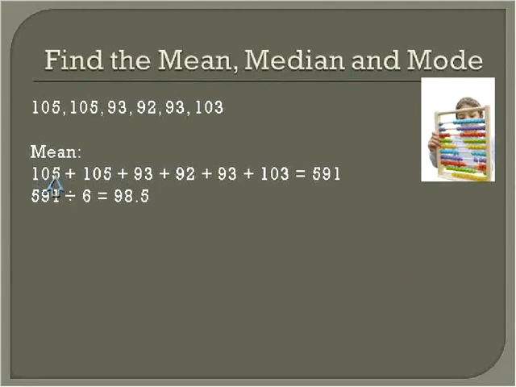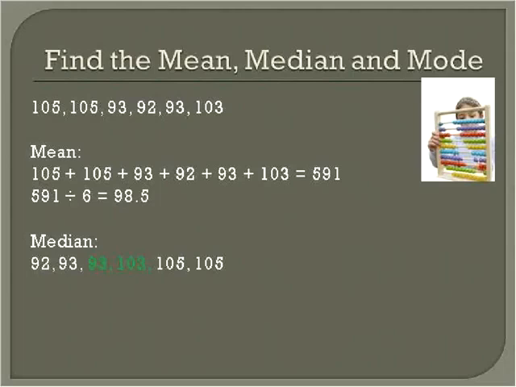There are 6 numbers, so we divide the total, or the sum, by the number of numbers, and we get our mean, or the average. So the average of that list is 98.5.